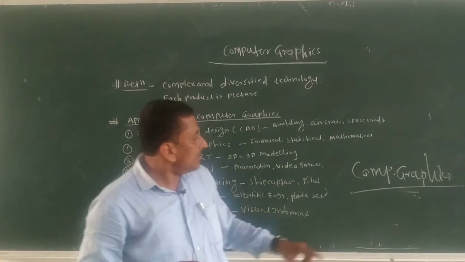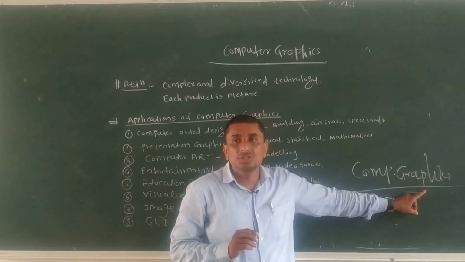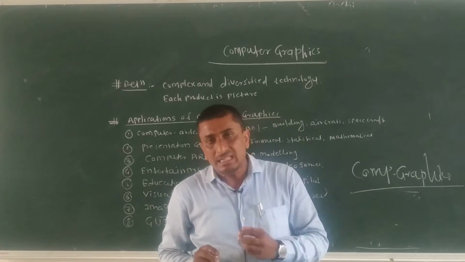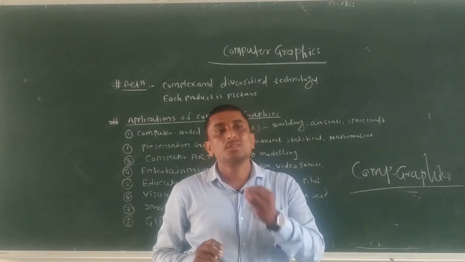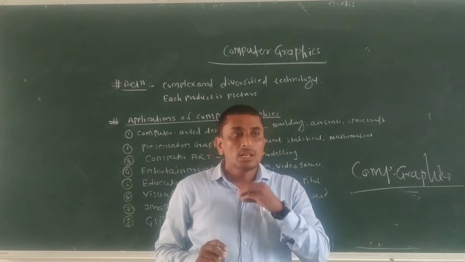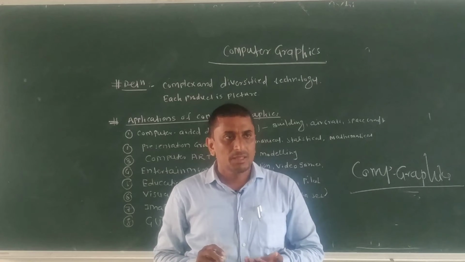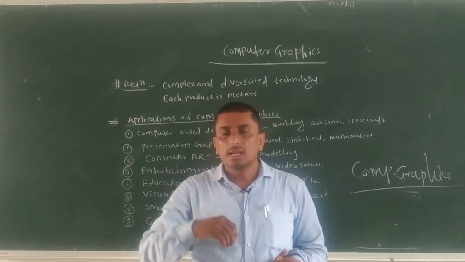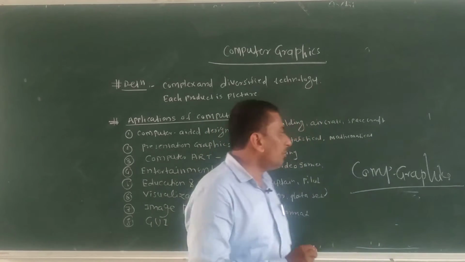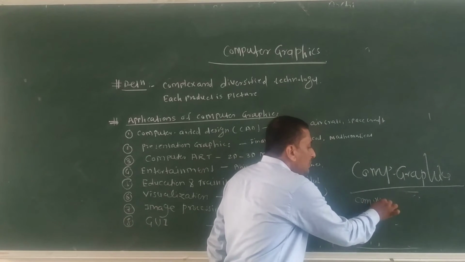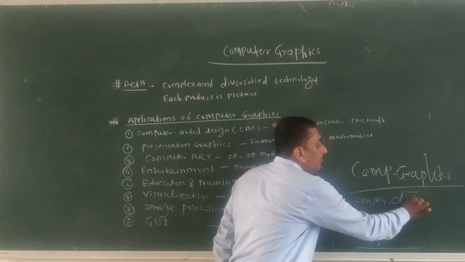Why is it called complex and diversified? Because we are implementing some different, advanced technology into the computer system, so that it will be beneficial for the respective areas that we come across. Therefore we say that it is complex as well as diversified.